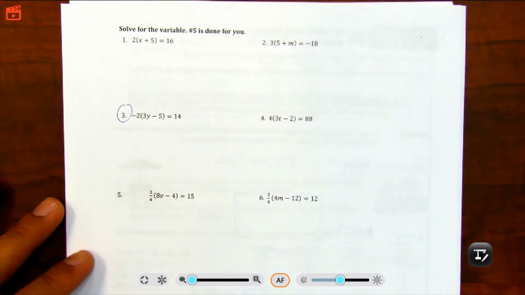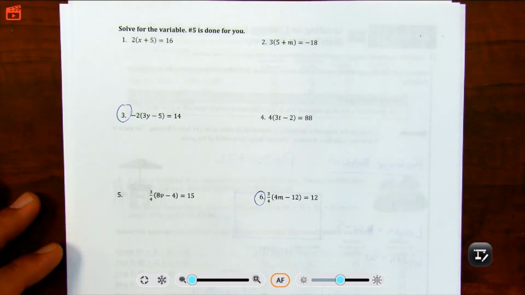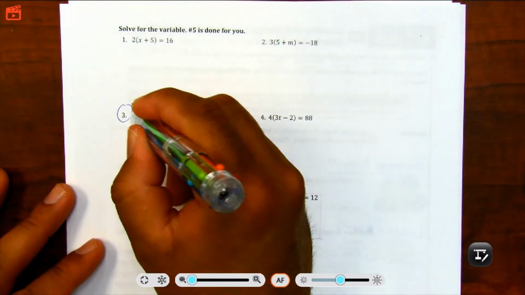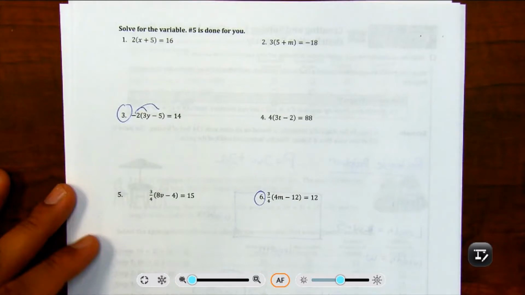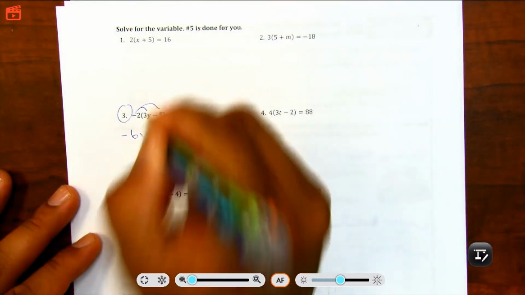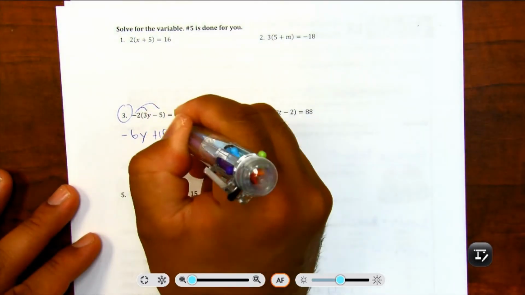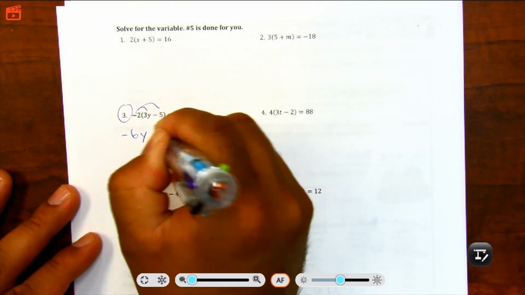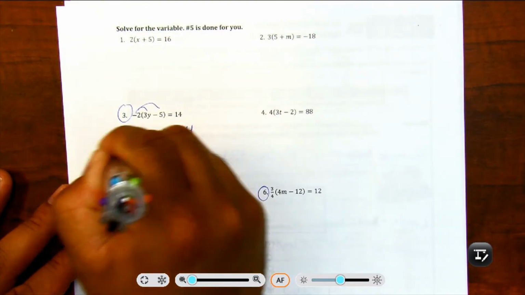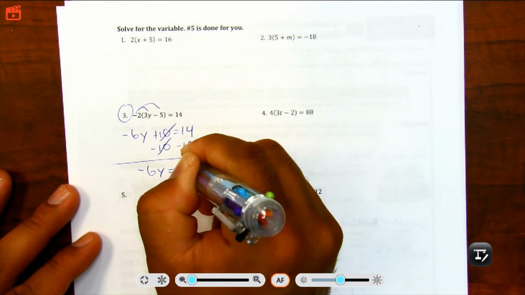So for problem number 3, you want to distribute negative 2 here. Negative 2 times 3y is negative 6y. Negative 2 times negative 5 is positive 10. Then you're going to subtract 10 from both sides. And we end up with negative 6y equals 4.